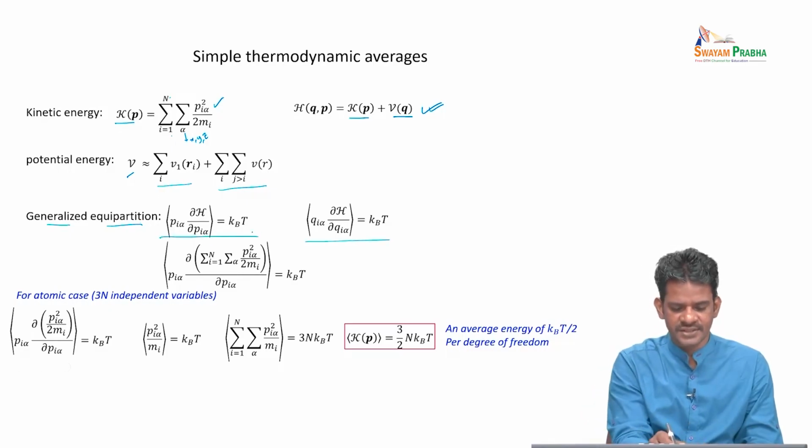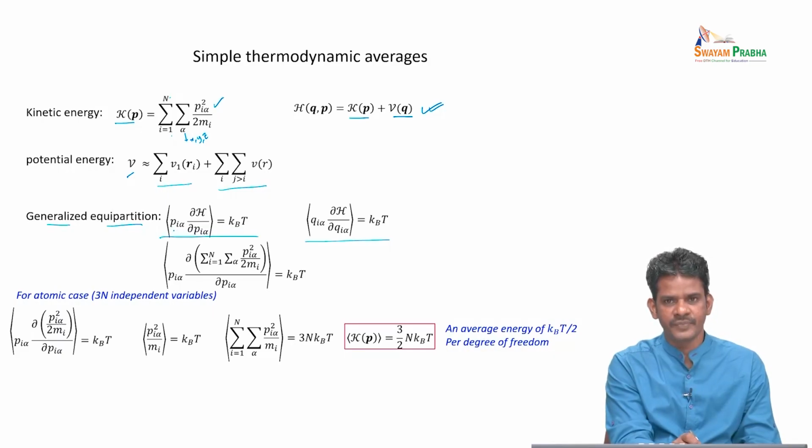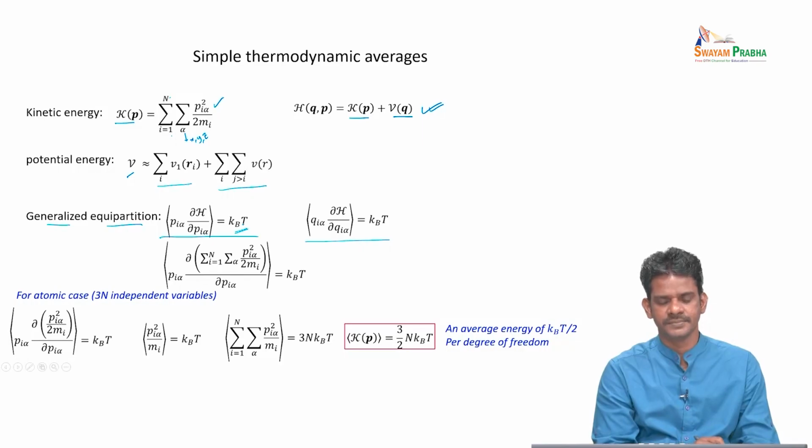The first part says that if I look at one component of the momentum of a particle i and multiply that with the partial derivative of the Hamiltonian with respect to that particular component of the momentum, the product of the two should give you 1 kBT.